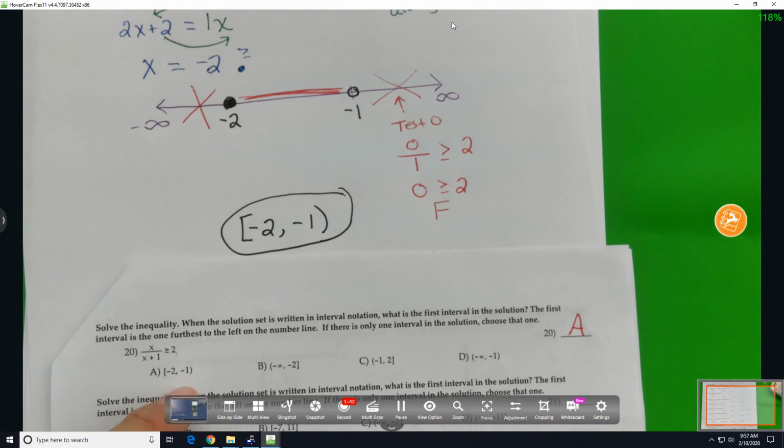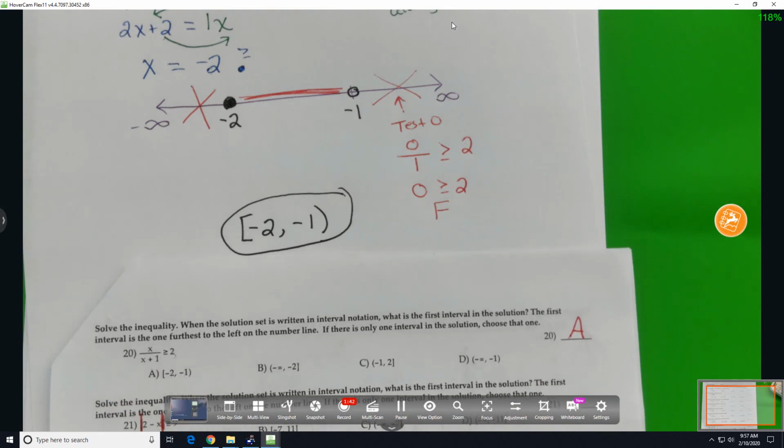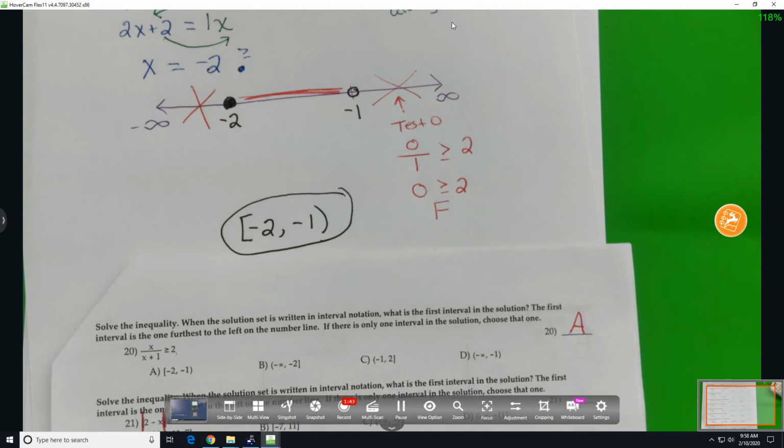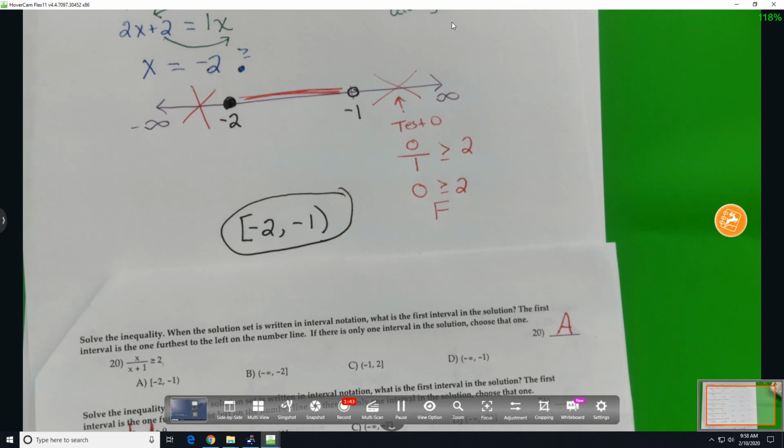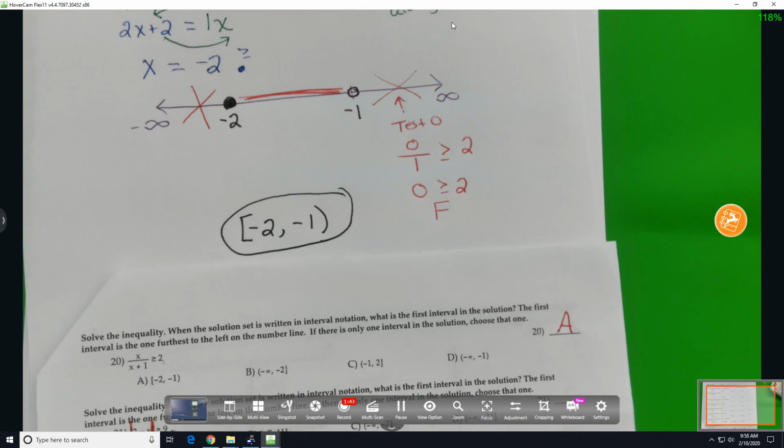Negative 2 to negative 1. Okay. So now, let's see. Any questions?